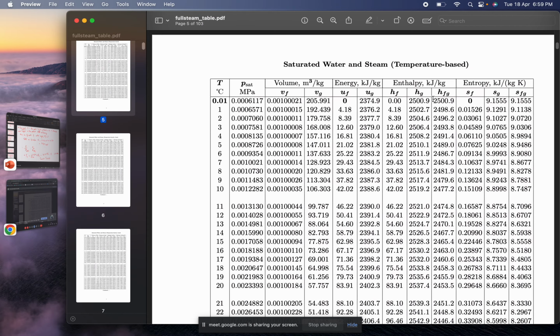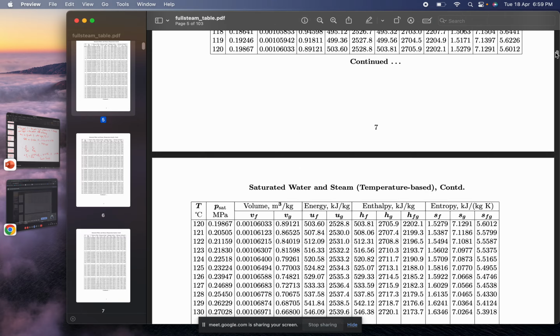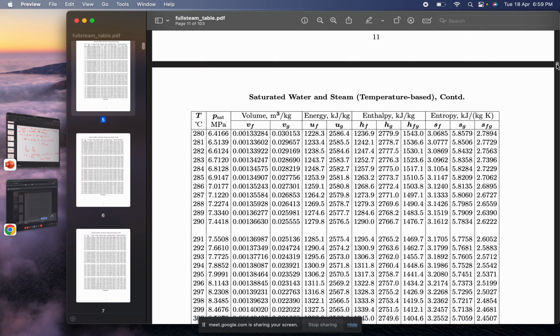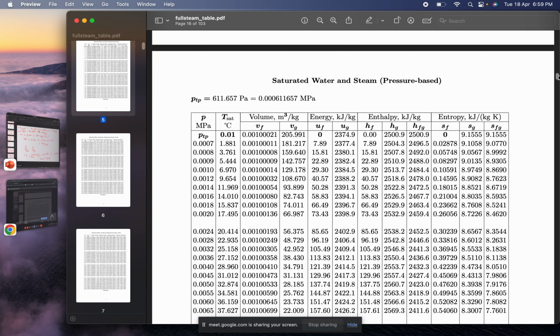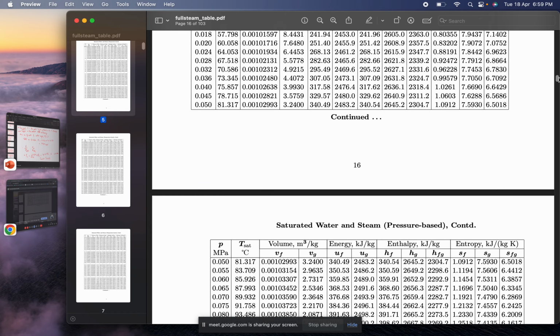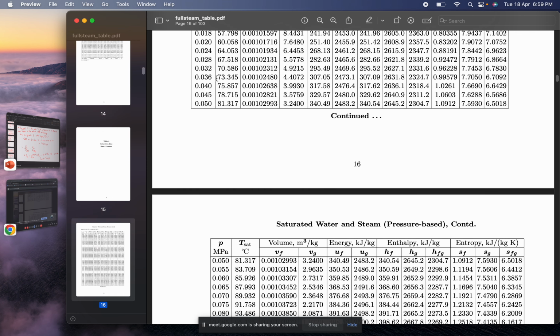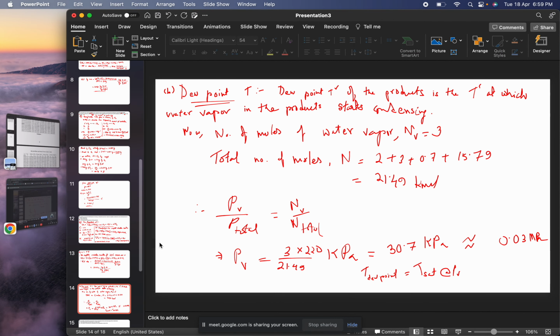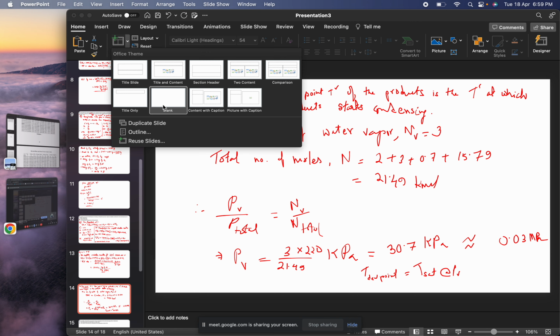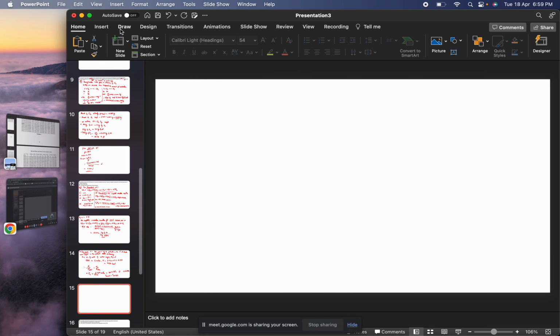So this is the steam table. See, at 0.032 it is there, and at 0.028 it is there, so we need at 0.03. So we will do a linear interpolation.